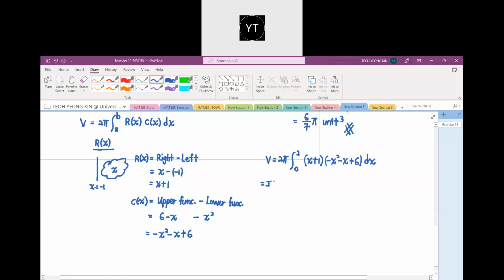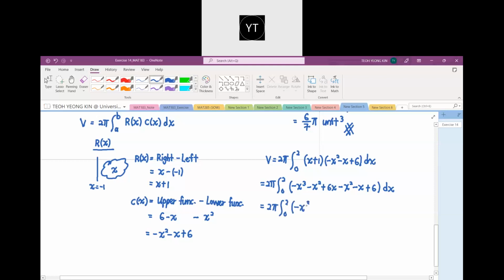Here is 2 pi, integration from 0 to 2: x times negative x squared is negative x cubed, x times positive 6 is positive 6x, and then 1 times negative x squared is negative x squared, 1 times negative x is negative x, 1 times 6 is 6, dx.